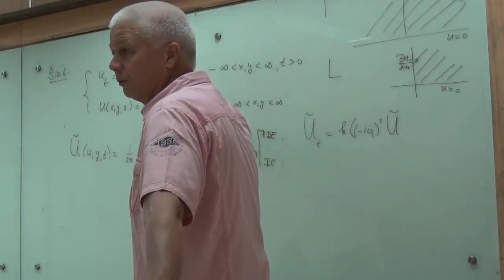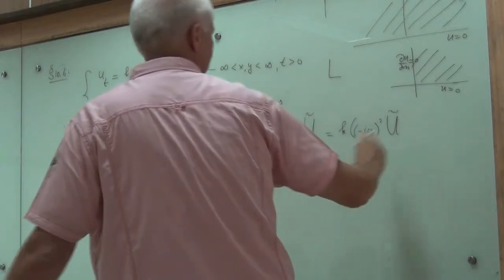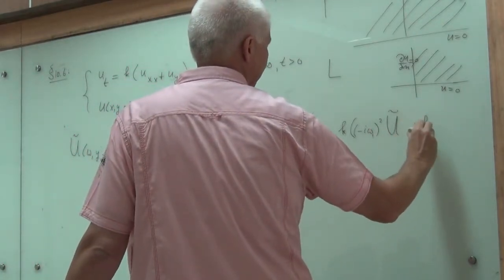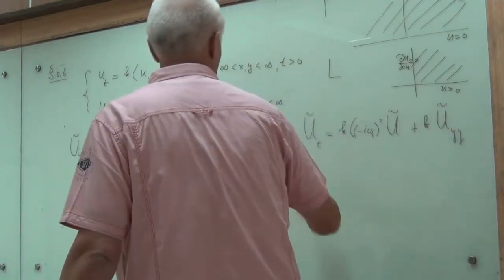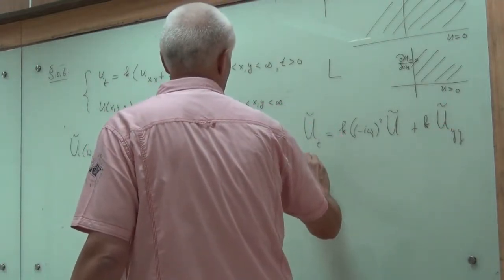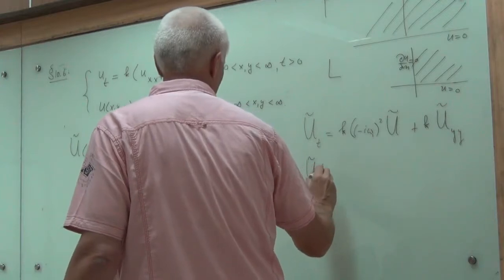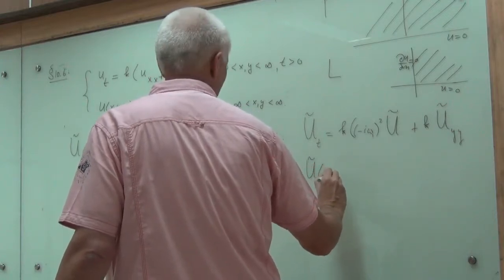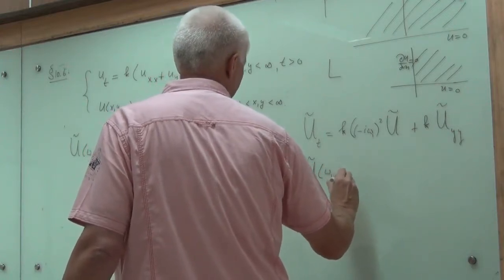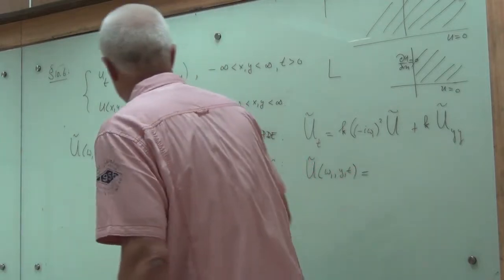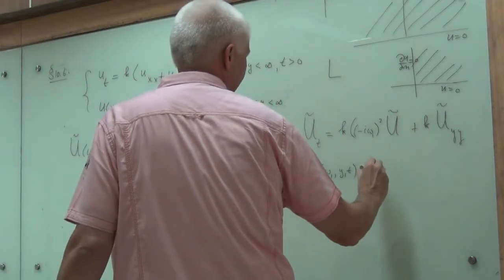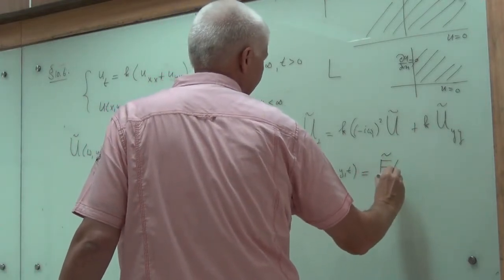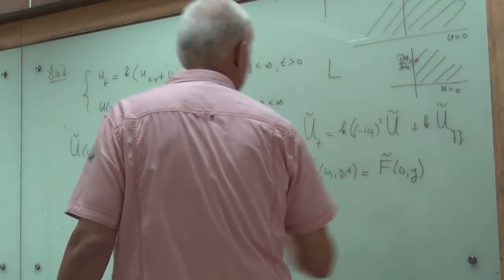I don't do it with respect to y, only with respect to x, so I will get over here plus k times u_yy. And the initial condition becomes u(omega 1, y, t) is the transform of my function f(x, y) with respect to x, so I will get over here an f(omega 1, y).